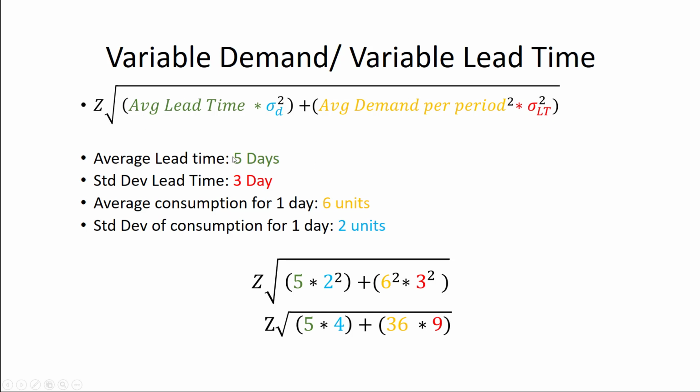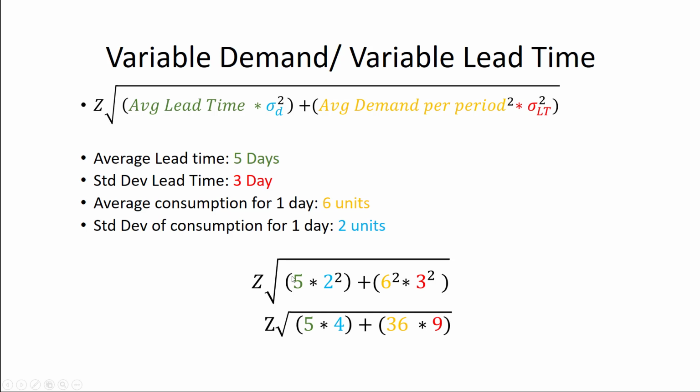So in this example, if our average lead time is 5 days, we just drop our 5 in there. Standard deviation of the lead time, 3 days, goes over here, but that one's squared. Average consumption, right? So our average demand or consumption is 6, goes right there. Again, square that. Standard deviation of that consumption or demand is the 2 right there.